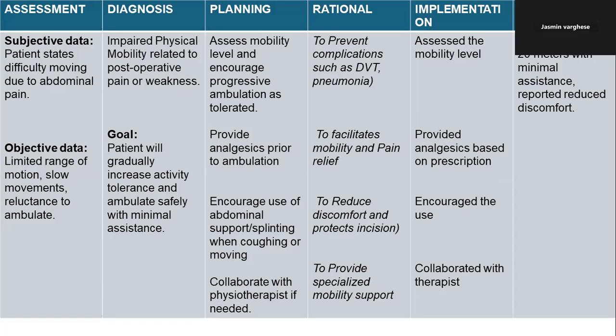Collaborate with physiotherapists if needed to provide specialized mobility support. Collaborated with the physiotherapy. So in that way, you have to write your planning, rationale, and implementation. And evaluation, the patient ambulated 20 meters with minimal assistance, reported reduced discomfort. So like that, you have to write the evaluation.